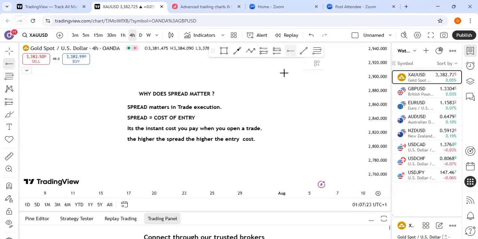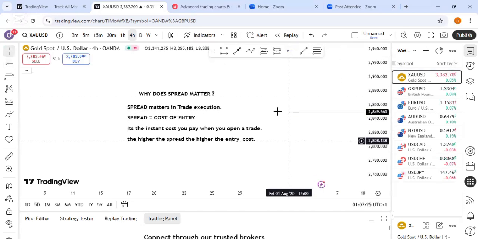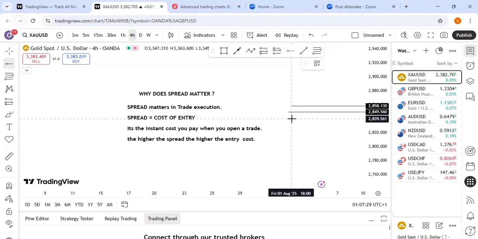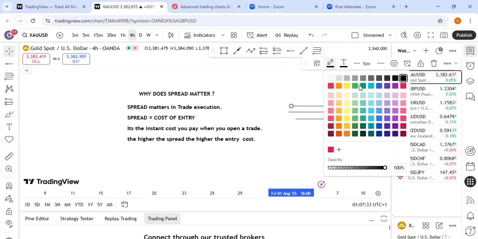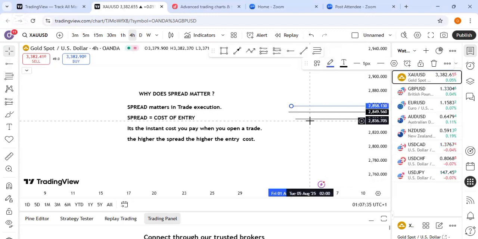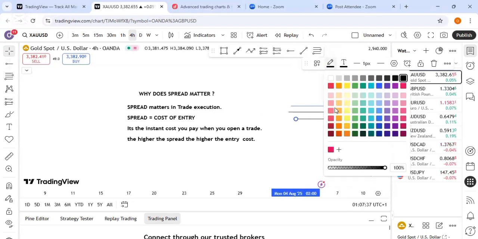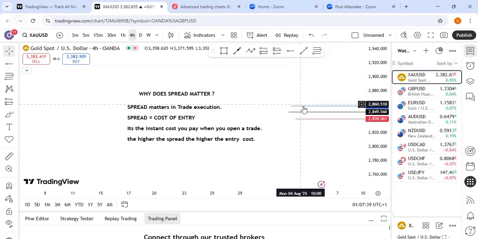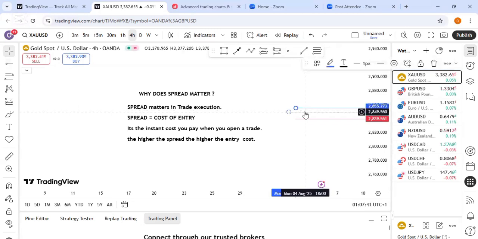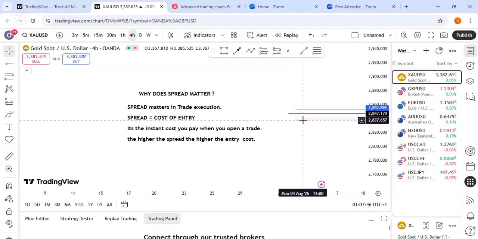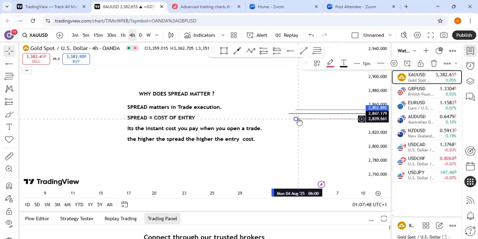When I say wider spread, it means you want to enter at a particular price and your spread is kind of wide like this. Let me take this color as blue and this one as red. Just know that the red is for sell, the blue is for buy. So this is the entry price that you want to enter, and your spread is kind of wide like this, and you want to buy.